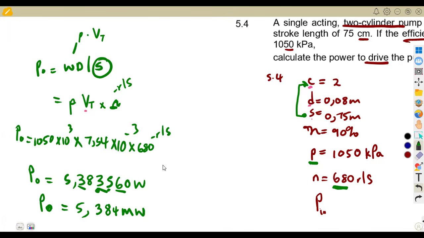So that will be 5,383,560 exactly. So this is the one that we are supposed to have. Then we multiply by 10 to the exponent of -6, so that will be 5.84 megawatts.